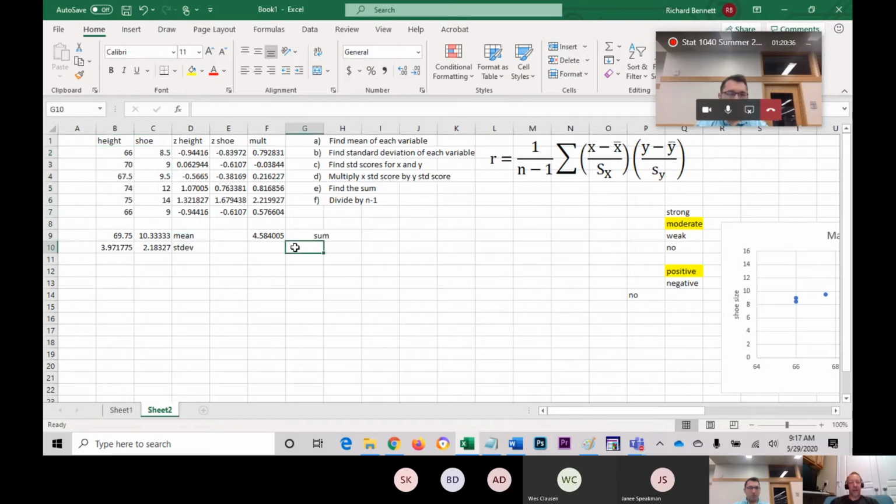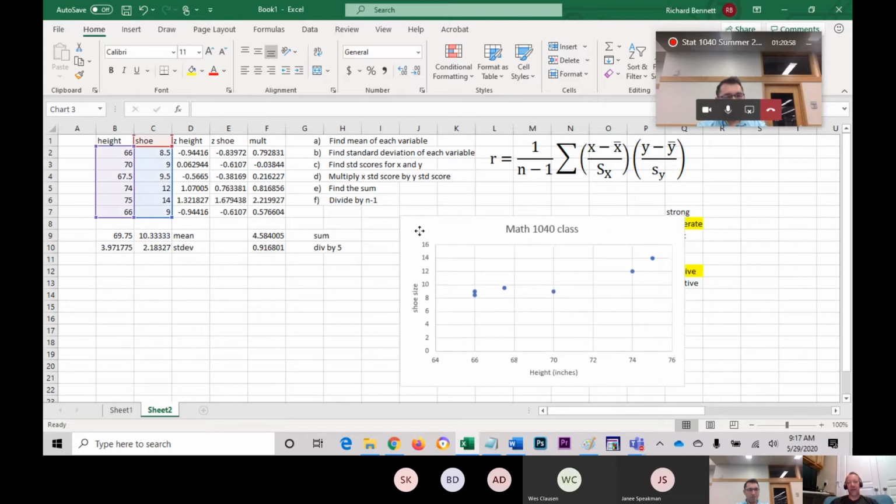So in this case, we're going to divide by 6 minus 1, which is 5, okay? So if I take this number and divide by 5, that's going to give me a correlation coefficient of 0.91.